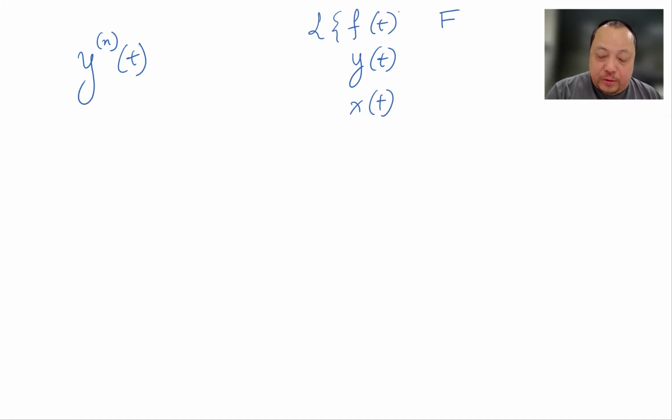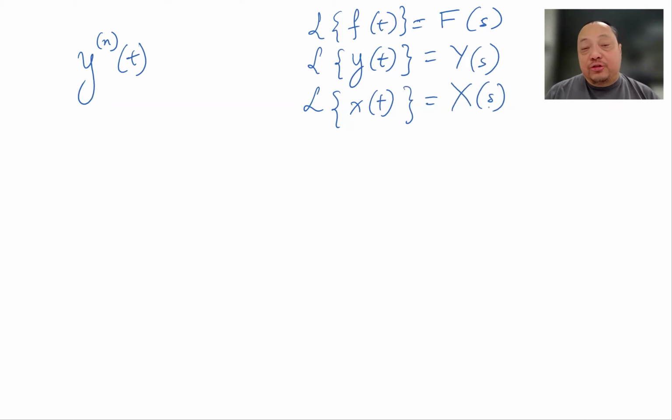The Laplace transform of little f would be capital F of the variable s. The Laplace transform of y is capital Y in s. And the Laplace transform of little x is capital X in s. That's the convention.